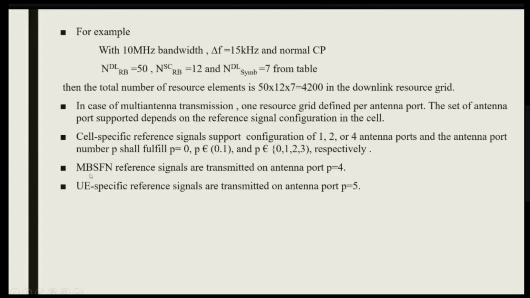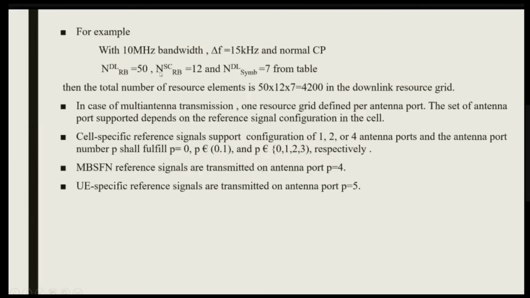For example, if you take the bandwidth as 10 megahertz and delta F as 15 kilohertz with a normal cyclic prefix, then from the table I have shown you previously, which gives the standard parameter values, the total number of downlink resource blocks will be 50.